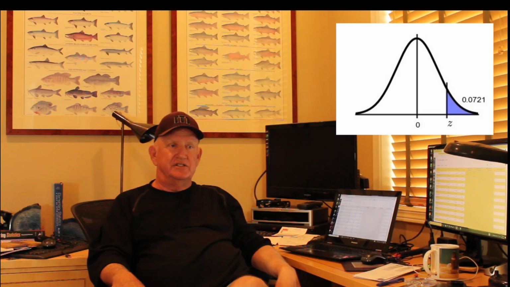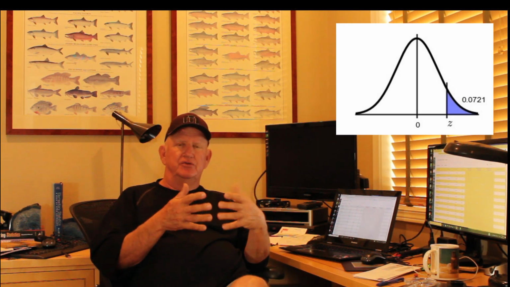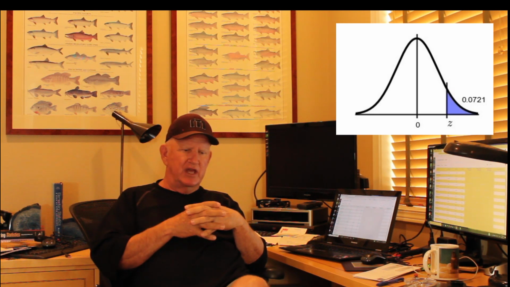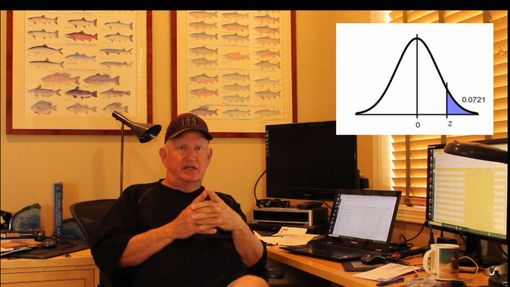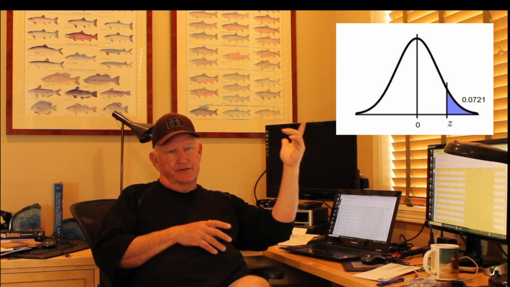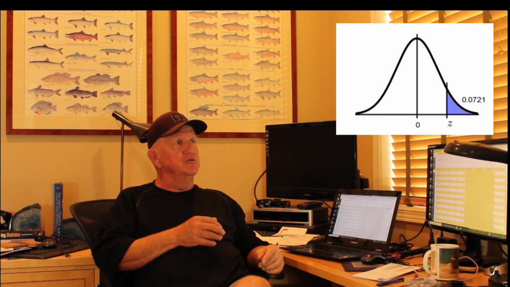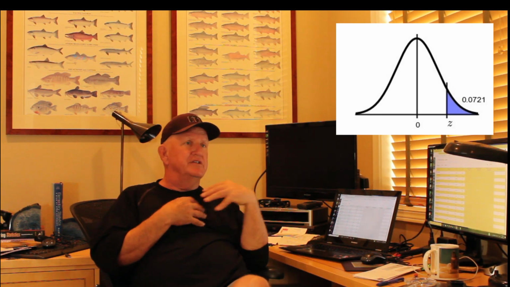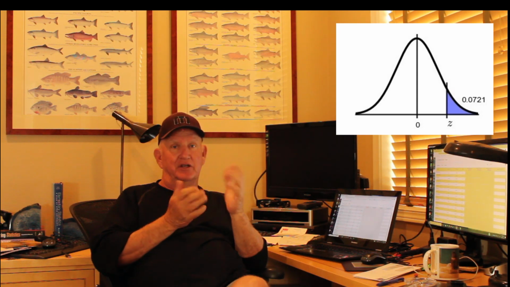So a neat trick, like I said, but you've done enough problems to see that that allows you to solve some probability problems that you wouldn't be able to solve with classical probability techniques. You really have to be able to find these probabilities on the normal curve, on the student's t-curve. Later we're going to introduce the chi-squared curve and the F distribution. If you think it's a neat trick, in chapter 13 you're going to be doing exactly the same thing to conduct what's called an ANOVA test.